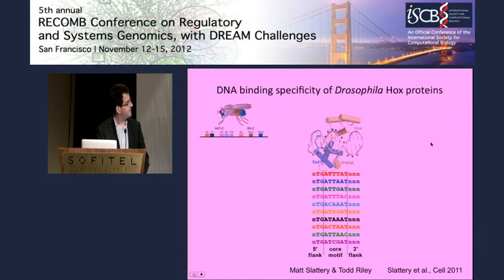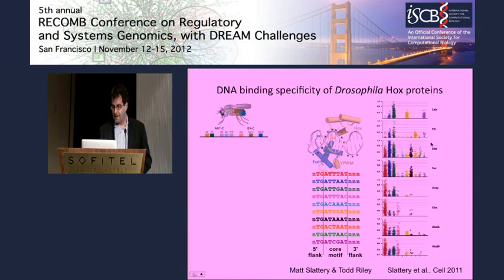We found that a number of different motifs were selected, and we were able to calculate relative affinities, which we call specificity fingerprints. And you can see here, for instance, that labial, the first Hox protein, likes to bind the green motif, which is shown here.